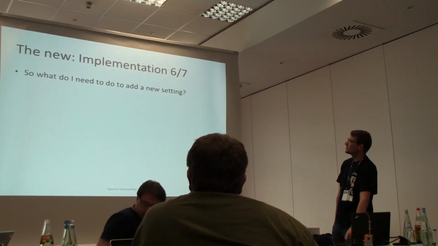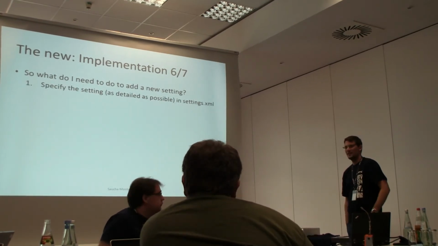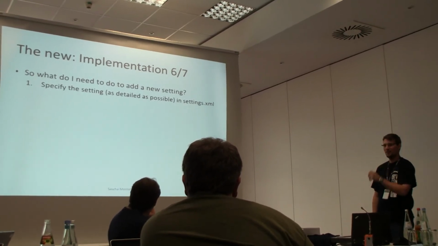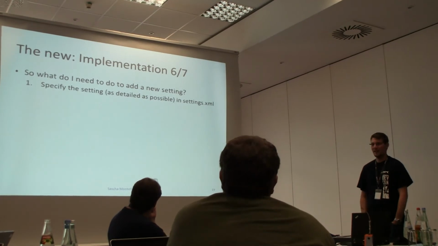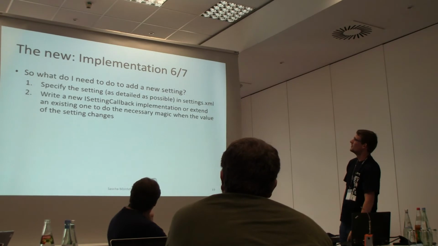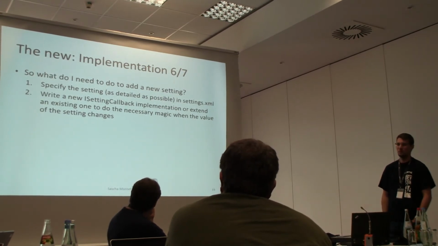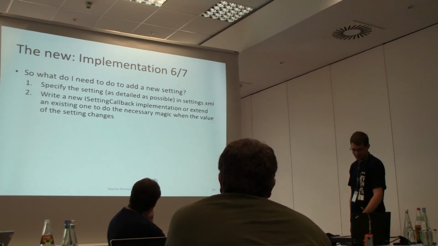So here's a quick overview of, if you want to add a setting, what do you have to do? You specify the setting in settings.xml or linux.xml or wherever you need it, as detailed as possible for your own interest. You write a new ISettingCallback implementation, or you extend an existing one, to do whatever needs doing if the setting changes.